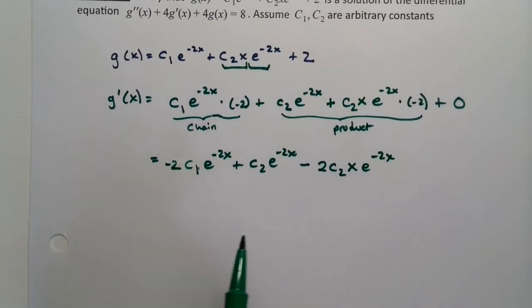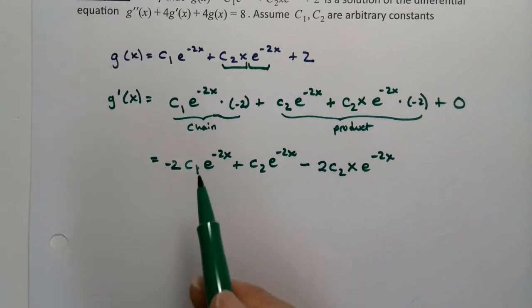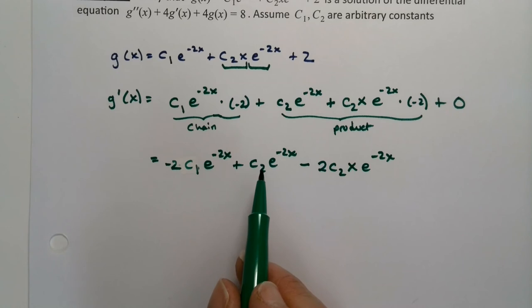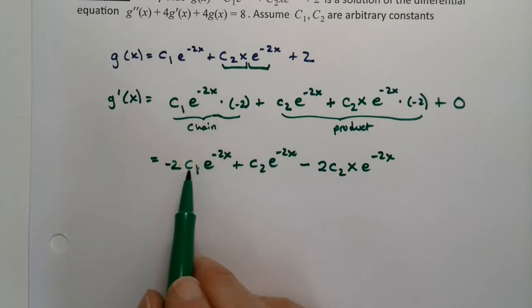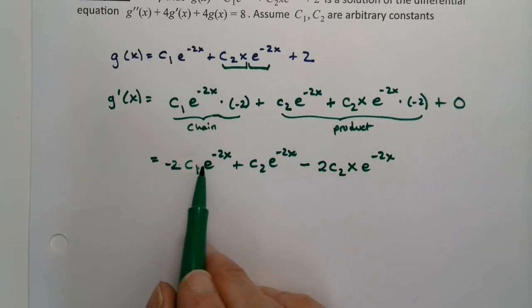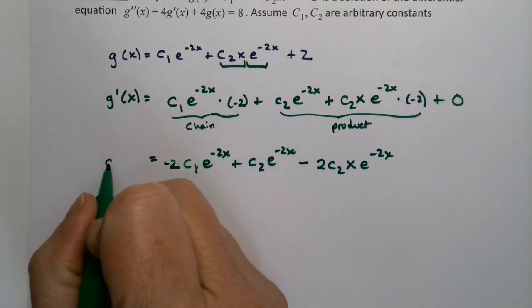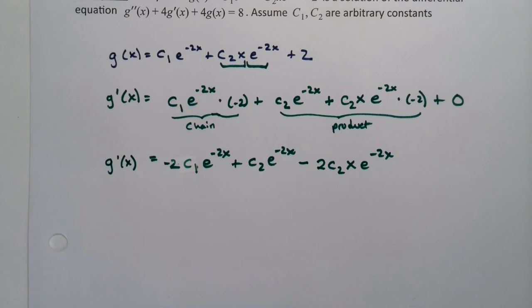Yes, if you wanted to, you could put these two together and pull a factor e to the negative 2x out, but it's not strictly necessary. All right, so that's the first derivative.